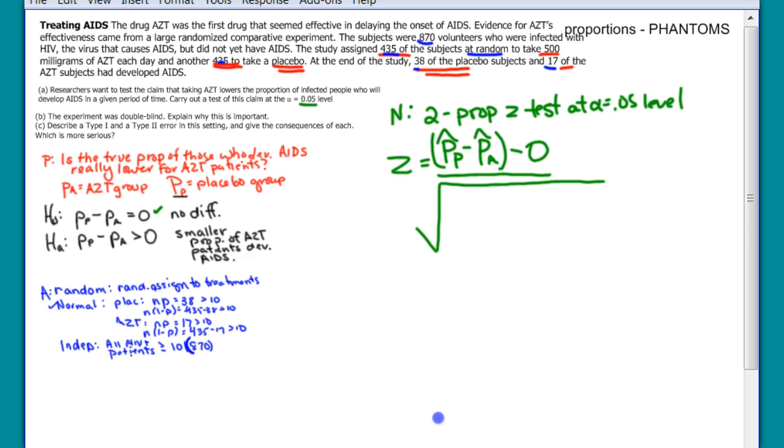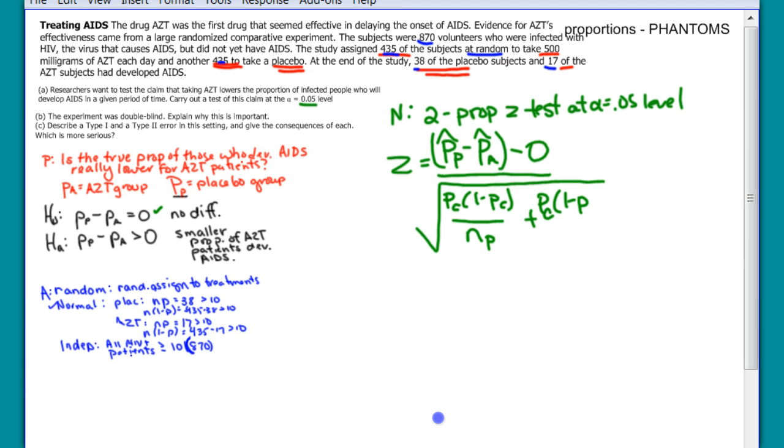What do we have to do? We have to pool our data. So we're going to have to look at a combined proportion who developed AIDS, 1 minus that combined, over n for our placebo group. We'll have to combine here as well.